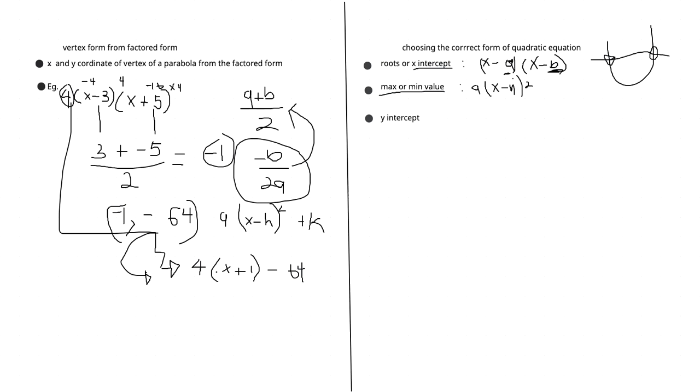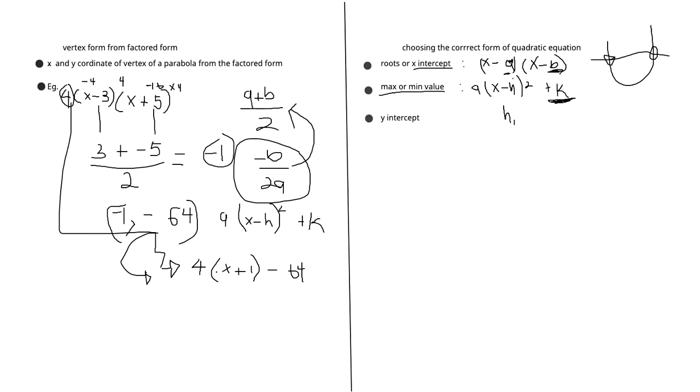Now, from here, your minimum or maximum value will be k. And then the value for which you get your minimum or maximum value will be your h here. Now the h comma k will be our vertex.